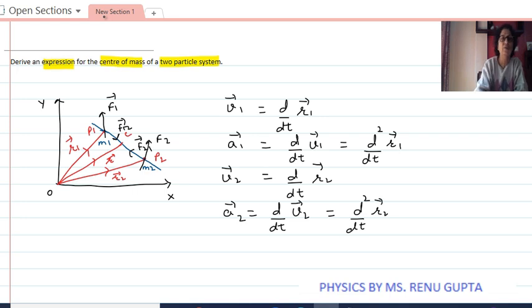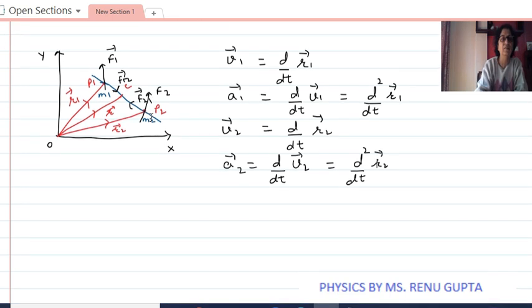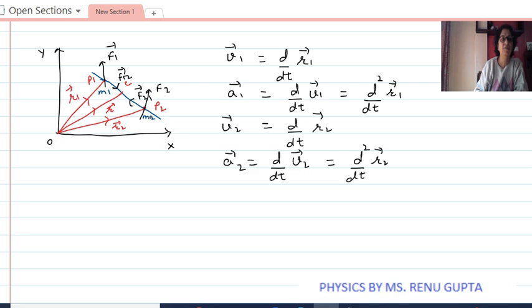Now the total force acting on the system of particles, F, is equal to F1 plus F2 plus F12 plus F21. Since the particles are moving as a system, there is no displacement in between the two particles.